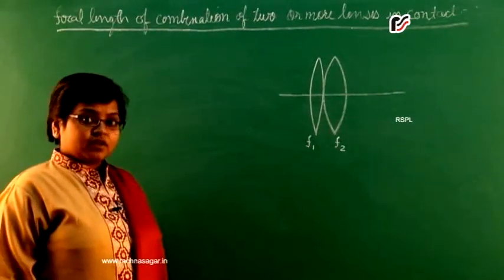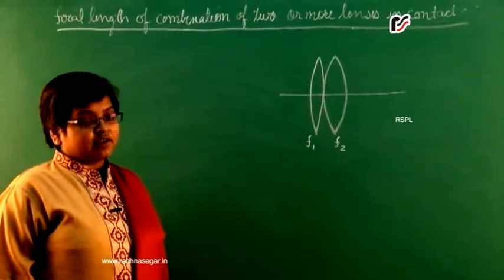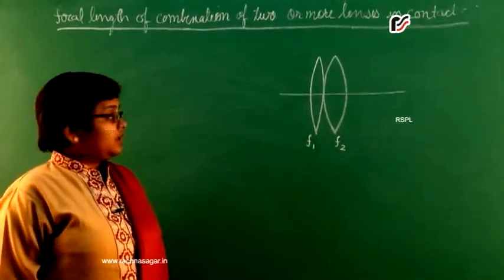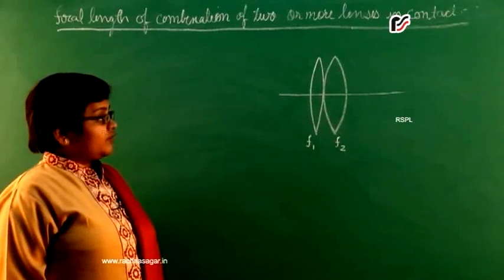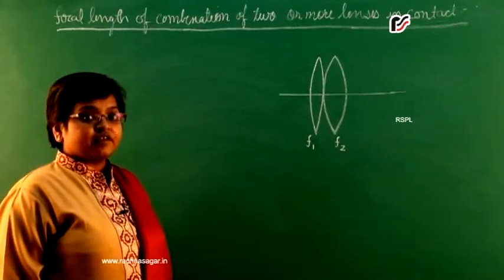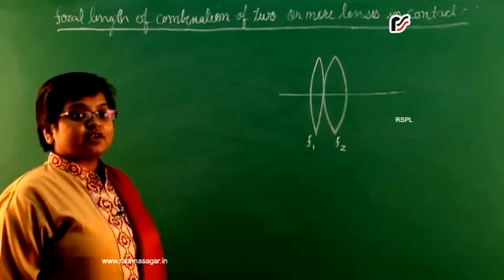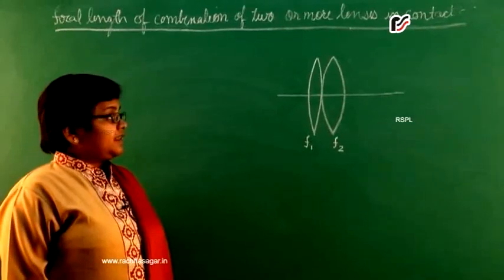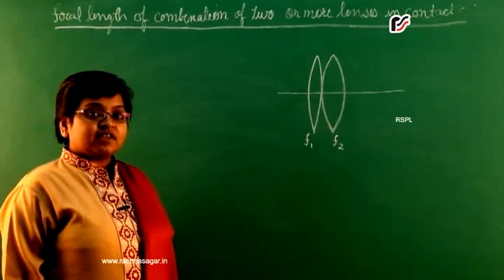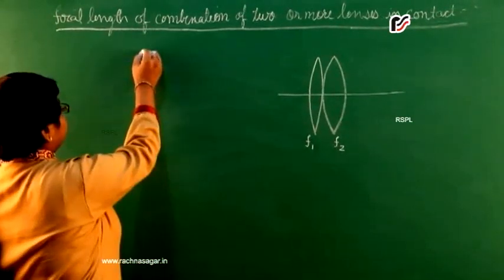They may be both convex, they may be both concave, or one concave and one convex. Remember the sign convention used for focal length. The focal length of the first lens is f1 and the focal length of the second lens is f2. If the two lenses are placed in contact with each other, they behave like a single lens and the focal length of the single lens is equal to capital F.